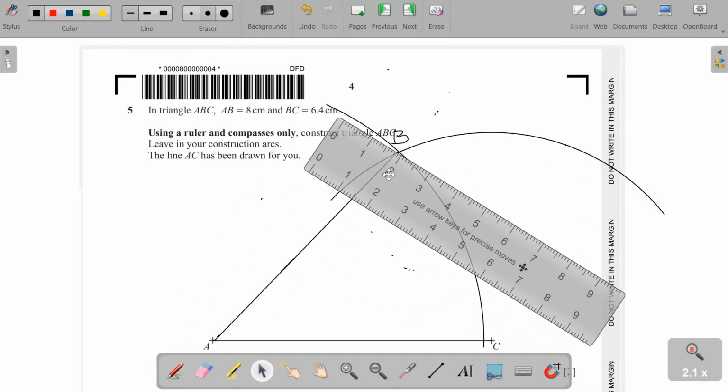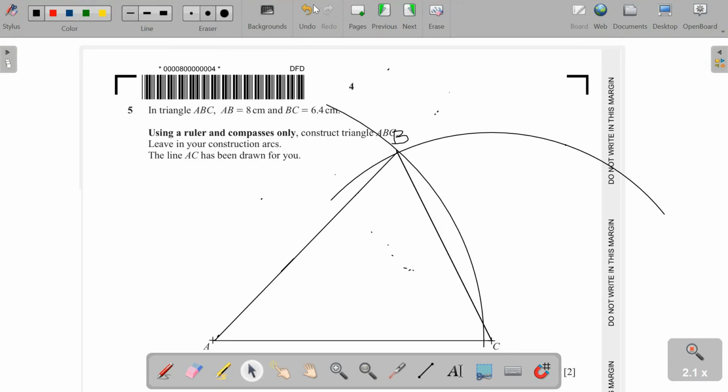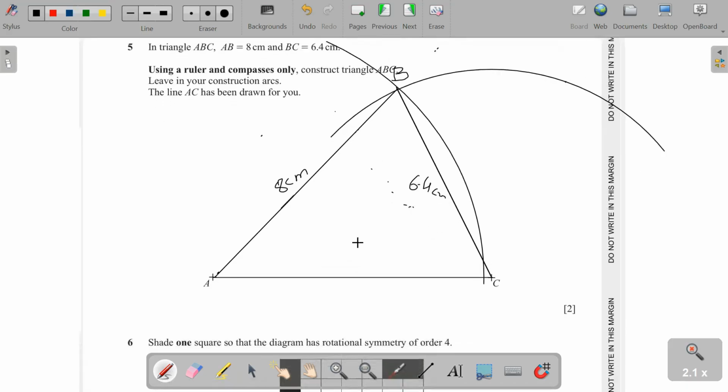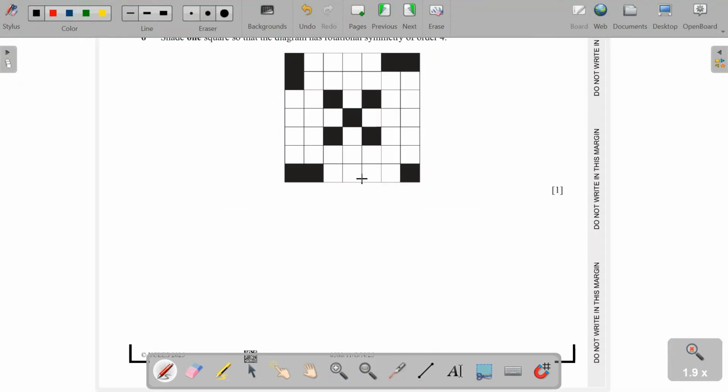So we have joined the AB and BC. This is the triangle we will achieve, and this AB is of 8 centimeter and BC is of 6.4 centimeter. So in this way, you can draw a triangle with the help of compass.